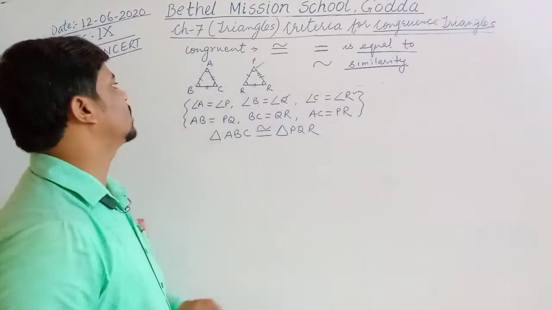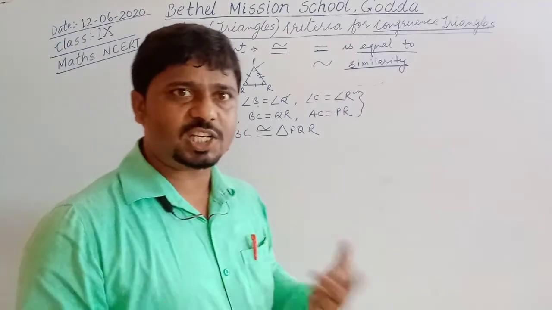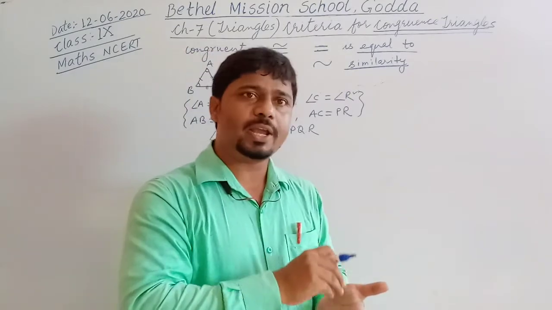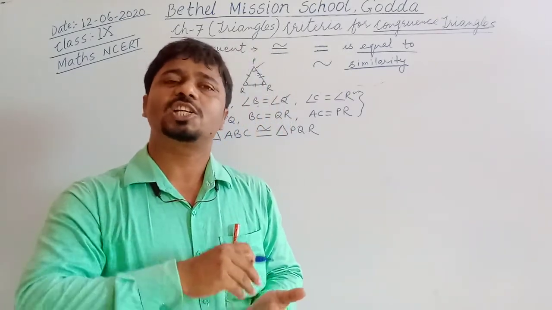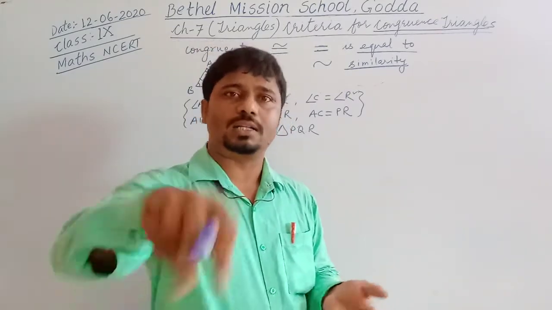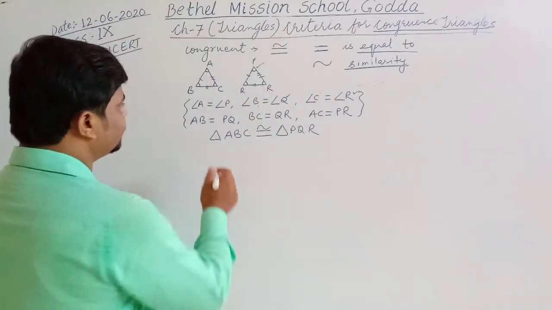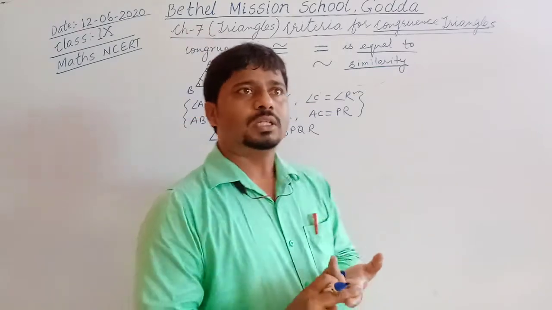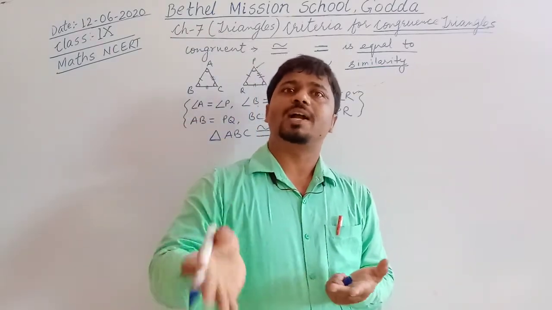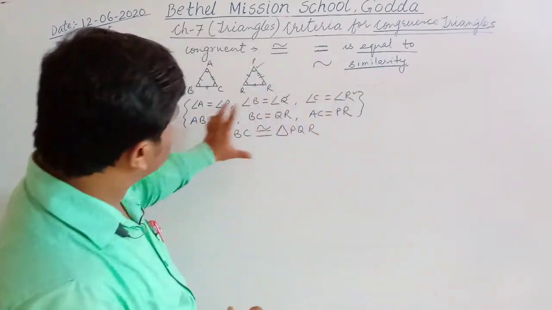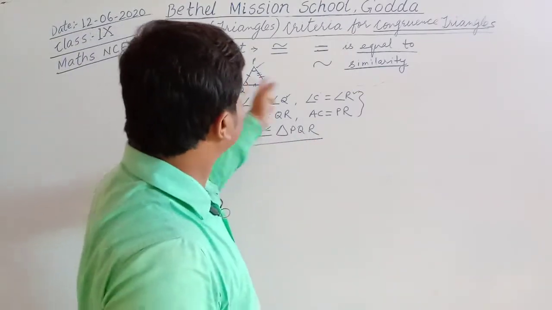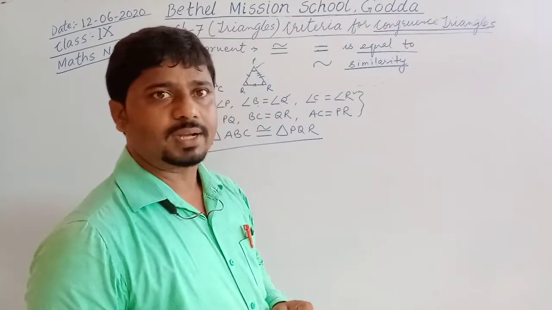You know that in a triangle there are 6 parts. So the 6 parts of one triangle should be equal to the corresponding 6 parts of another triangle. Then the two triangles will be congruent, and that is called congruence of triangles.